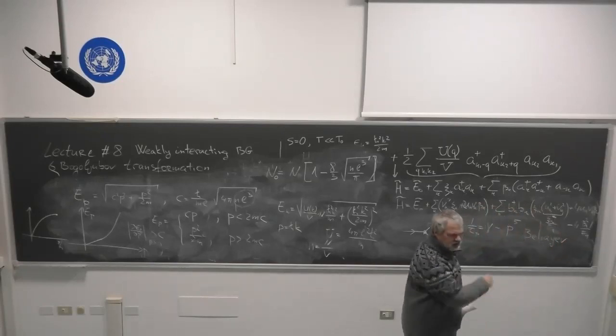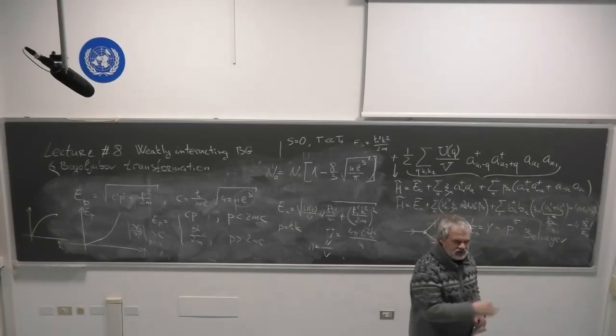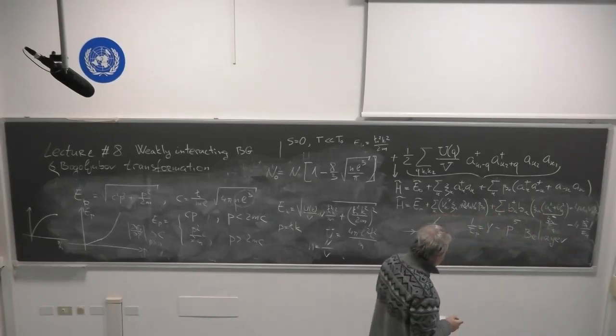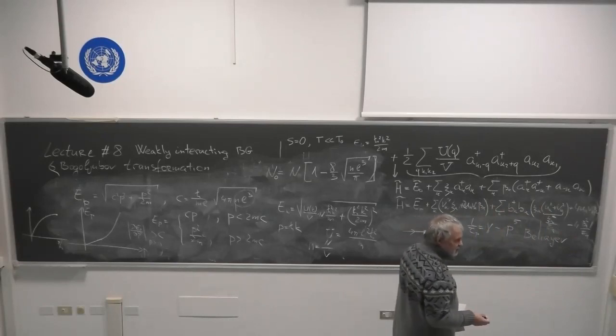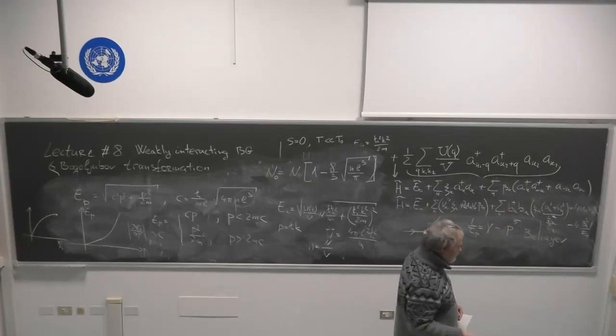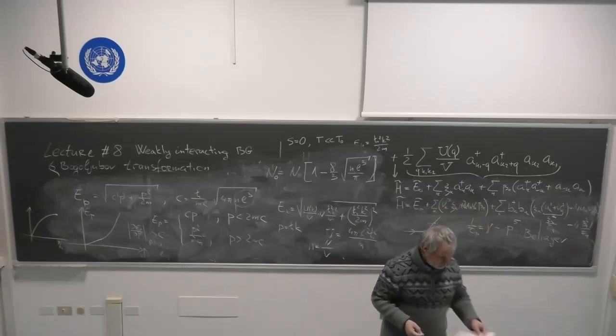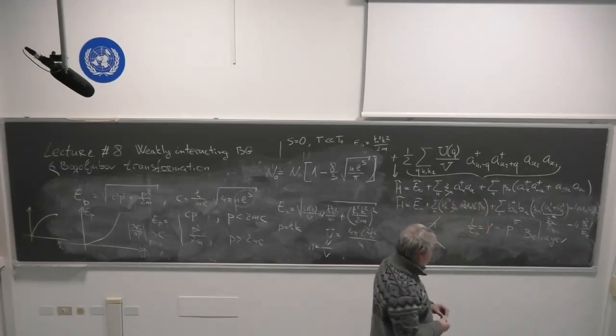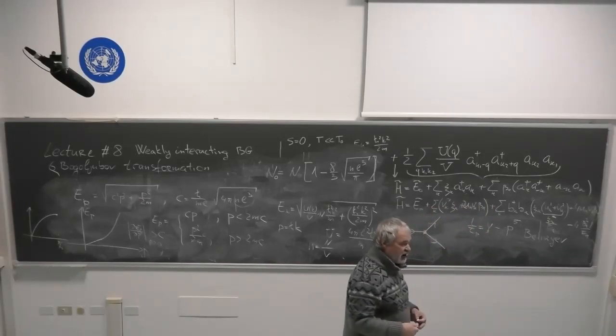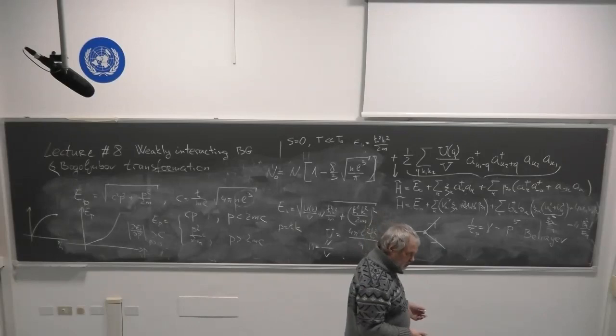There are different spellings. I'm not sure that this one is better than another one. So this is Belyaev damping. For enthusiasts, you can look in the literature for all calculations and compute this Belyaev damping for the case of a three-dimensional Bose gas.